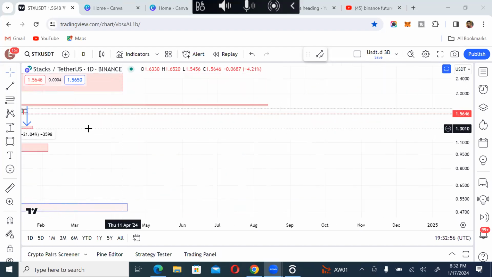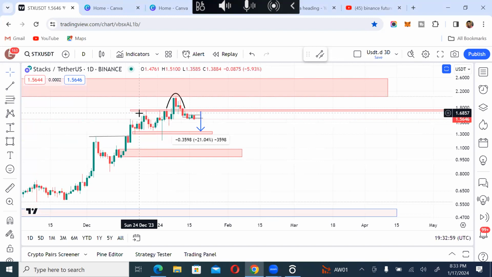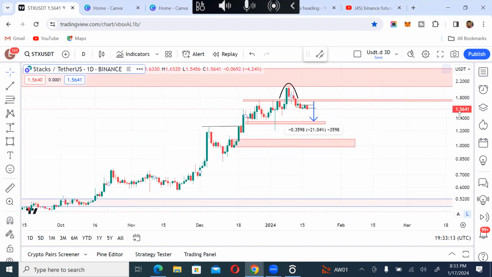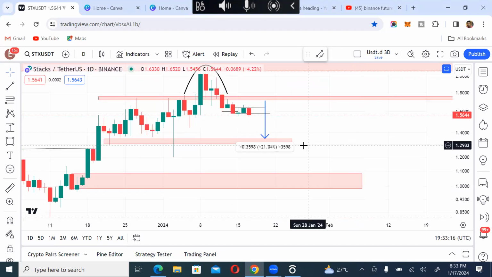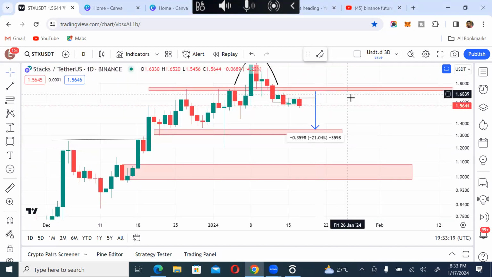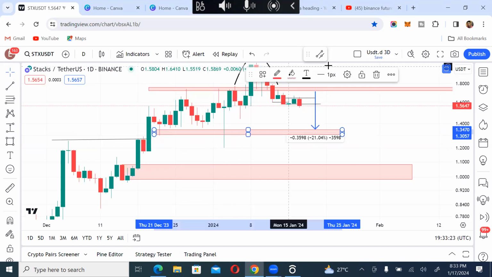This is STX. Now, once this liquidity has been taken, look at the range that was formed. First of all, let's analyze this because this trade is still very valid. Look at the range that was formed. Range high, range low.